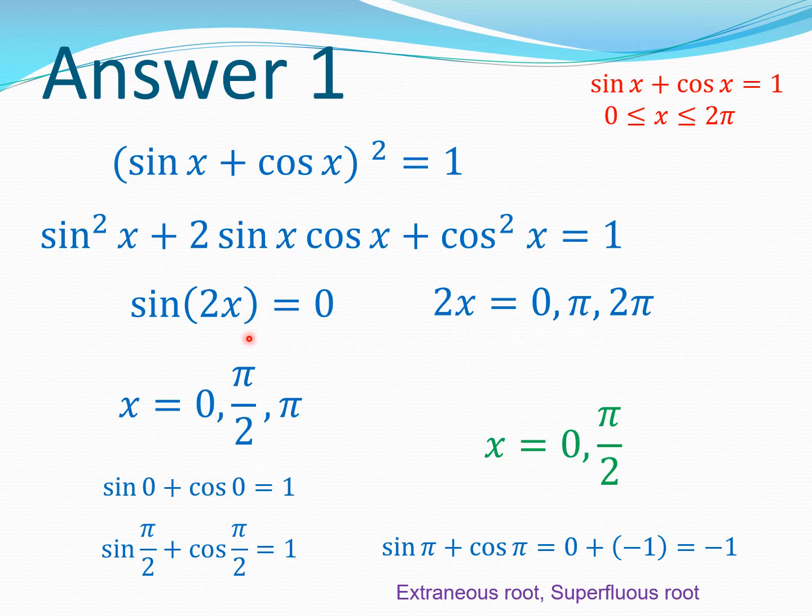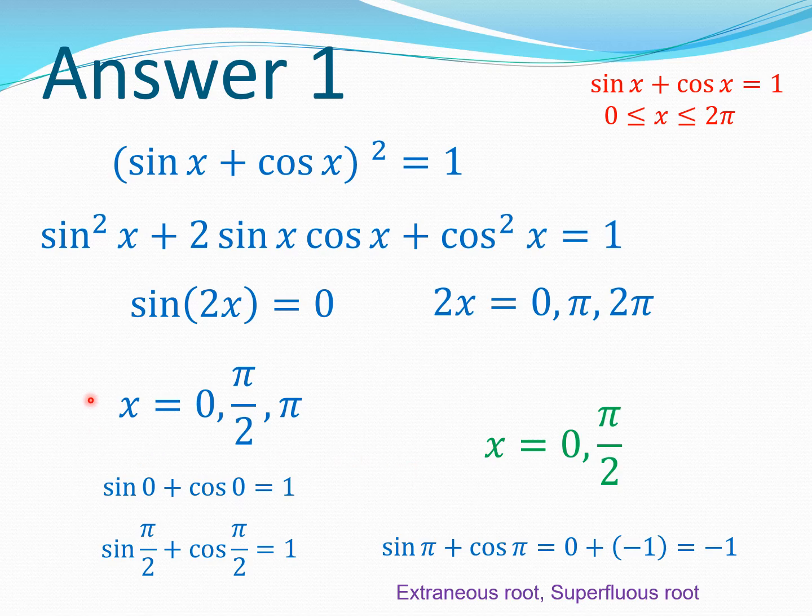So again sine would be 0 here, and again at 2 pi sine would be 0. If you are not particularly sure about this, look at some plots of the function sine, and you can also check it out on your calculator in the phone or any other place. So essentially if 2x is 0, pi, 2 pi, we can immediately write that x is going to be 0, pi by 2 and pi. So I simply divided these values by 2.